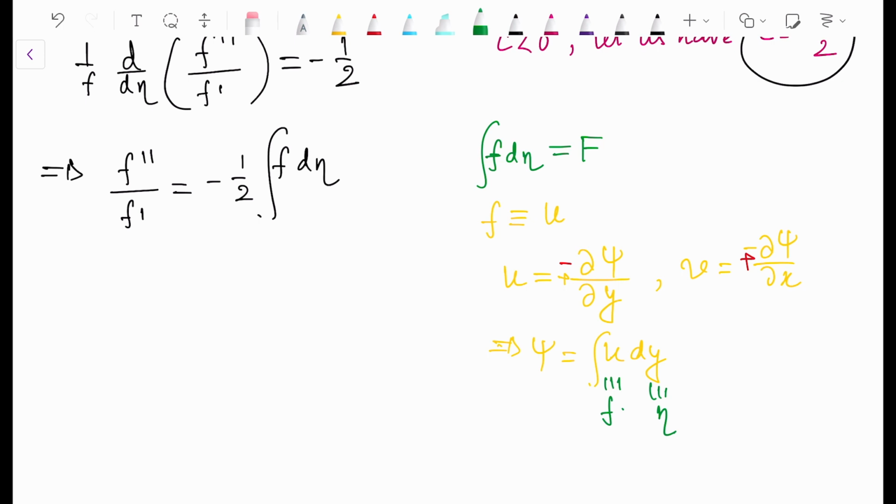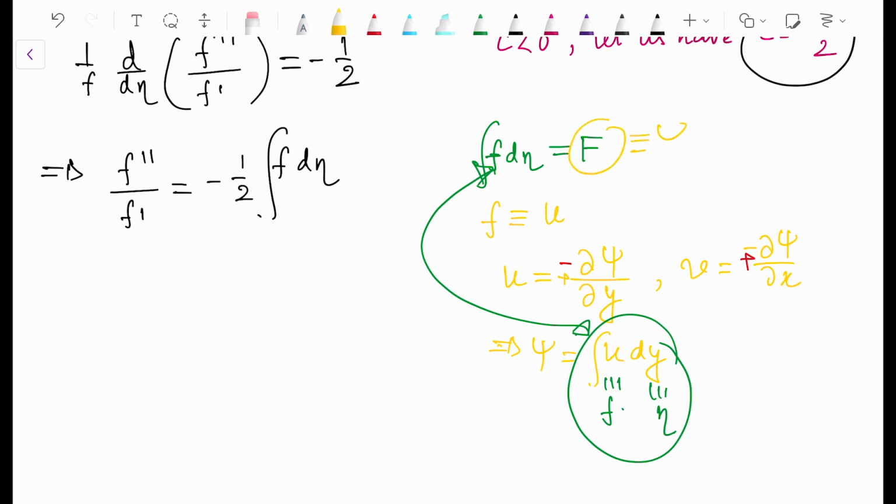Eta is just a scaled parameter with respect to y, right? So this and this are equivalent. So this f must be equivalent to the stream function psi. So this capital F is denoting the stream function psi. So this f is the similarity variable for the stream function psi.